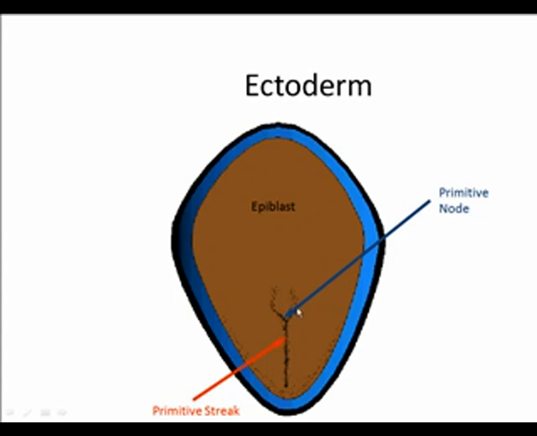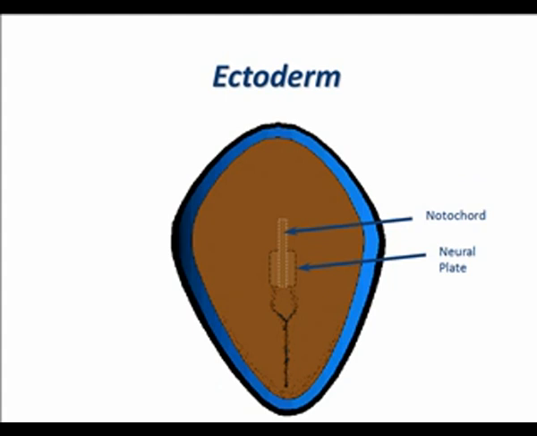So as the primitive node forms, cells are going to migrate through the primitive node and then begin to move back and form the notochord, which we see here. Here we can identify the notochord, and the notochord is going to move in a cephalic direction.